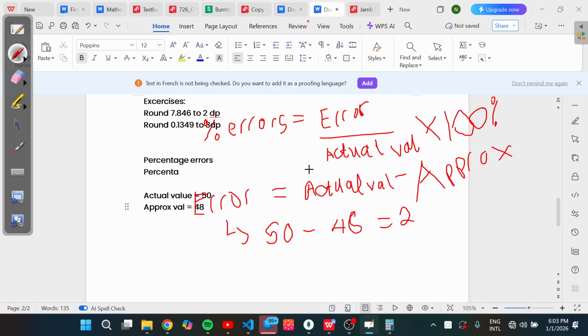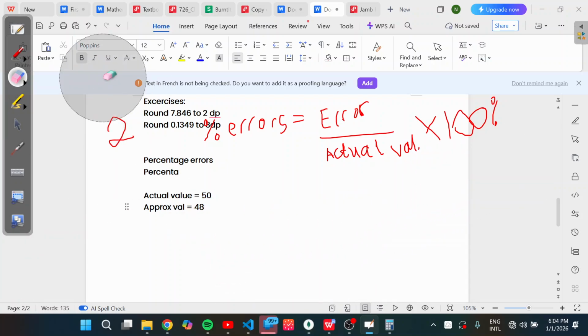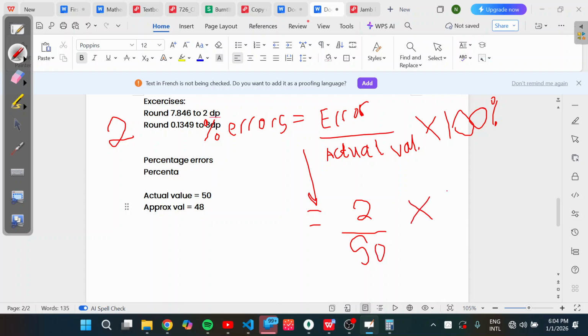Now we're just going to fill it into this formula here. So the percentage error for this question is going to be the error, which we got to be 2, over the actual value, which we got to be 50, multiplied by 100%.